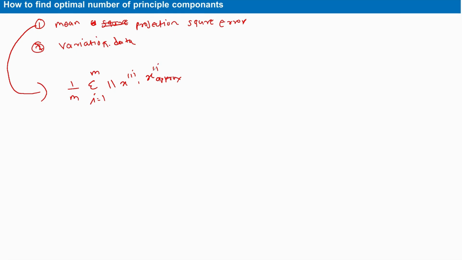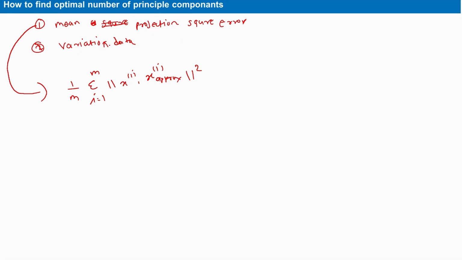We take the squared Euclidean distance for the ith example, and we get the final mean projection square error.